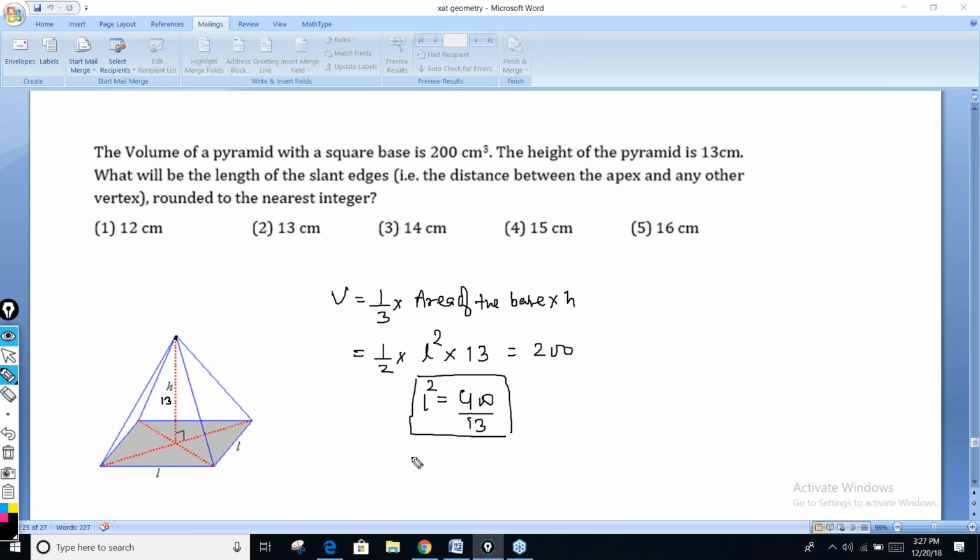What is the diagonal? That is 20 upon root 13, so the diagonal will be root 2 times L. So diagonal will be root 2 of this.